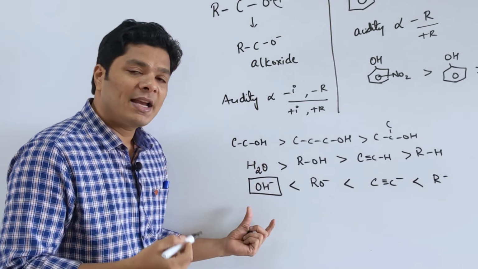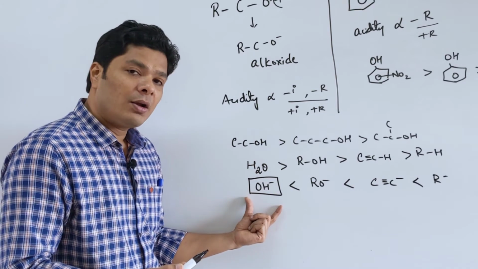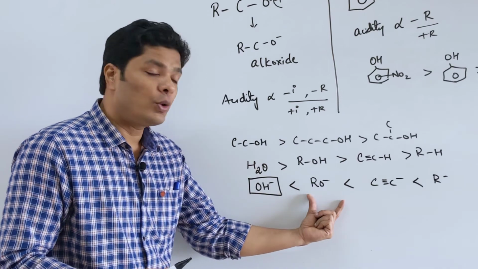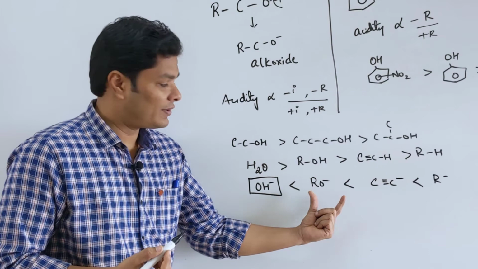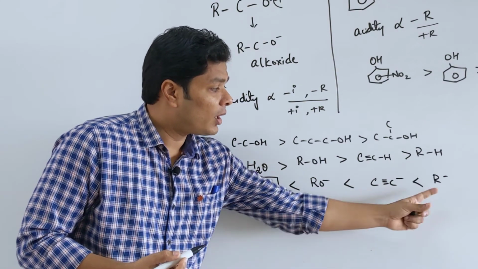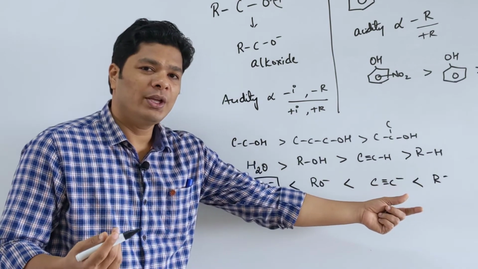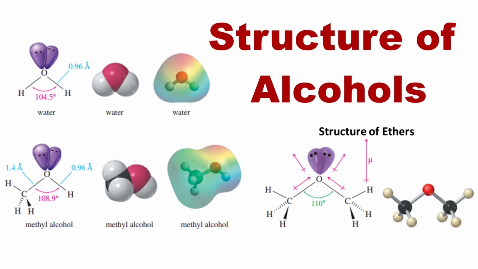It is a strong base, it can come out of NaOH, it is true, but sodium hydroxide is not as strong as sodium alkoxide. Sodium alkoxide is used in Williamson's ether synthesis, extremely strong. This one is even stronger, and R minus you don't usually get to see in your syllabus. The reason is R minus is so unstable you don't end up forming it at all.